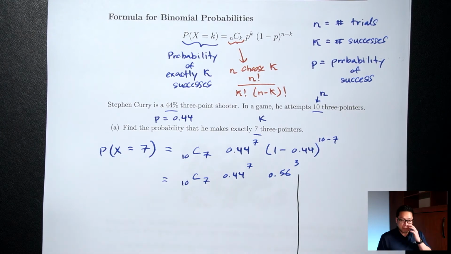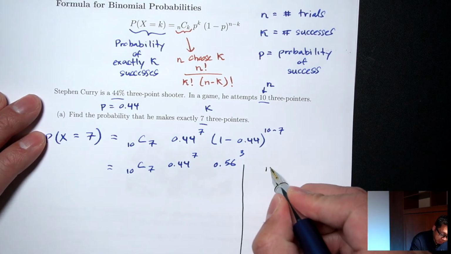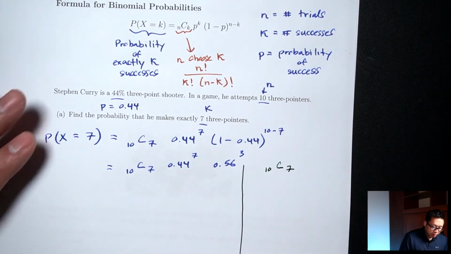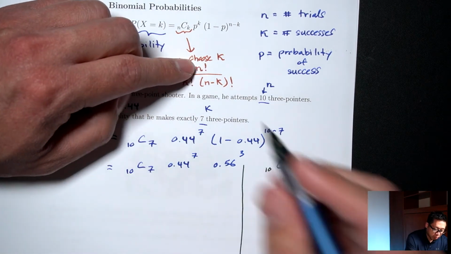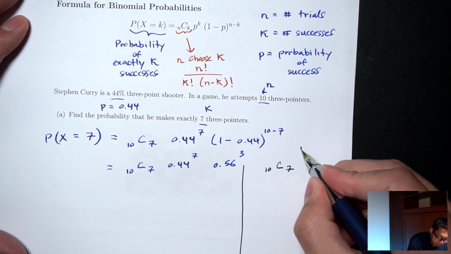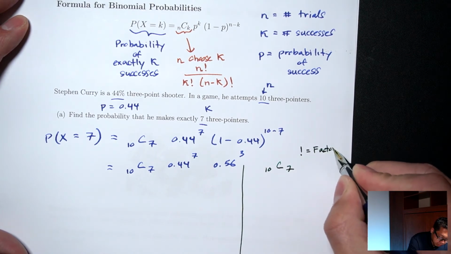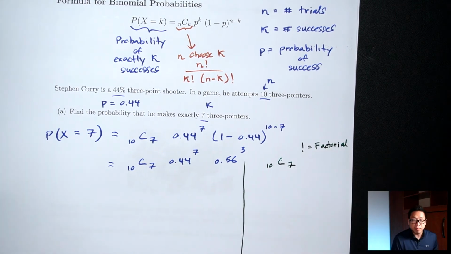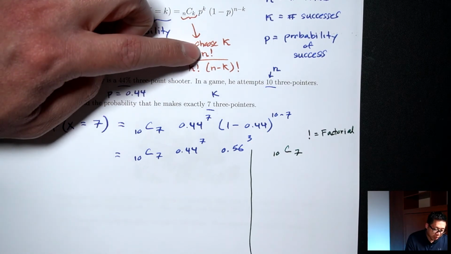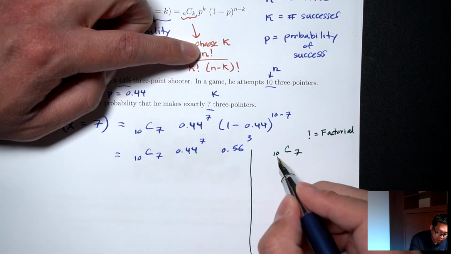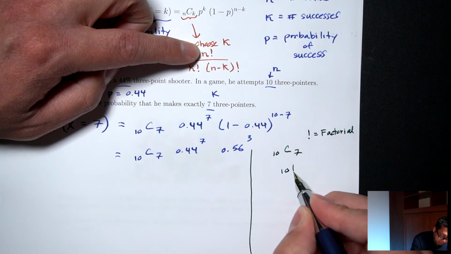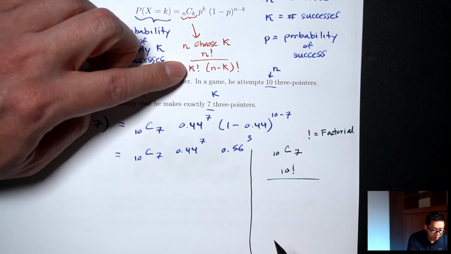Now do that over here. So 10 choose 7. And like I said, the exclamation mark stands for the word factorial. So the formula says n choose k is n factorial. That's going to be 10 factorial on top. On the bottom, k factorial.